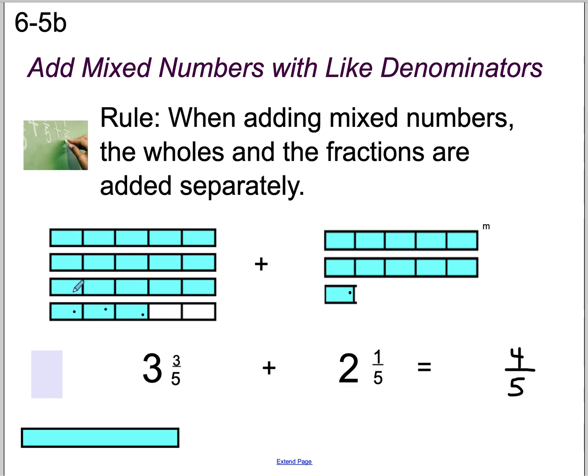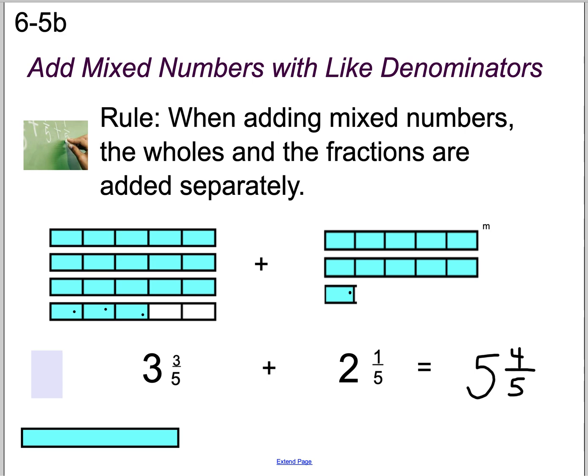Now let's add the whole numbers separately. 3 plus 2 is what? How many bars do we have? If you said 5, that's great. We have 5 and 4/5 as a mixed sum: 5 whole and then 4 out of 5.